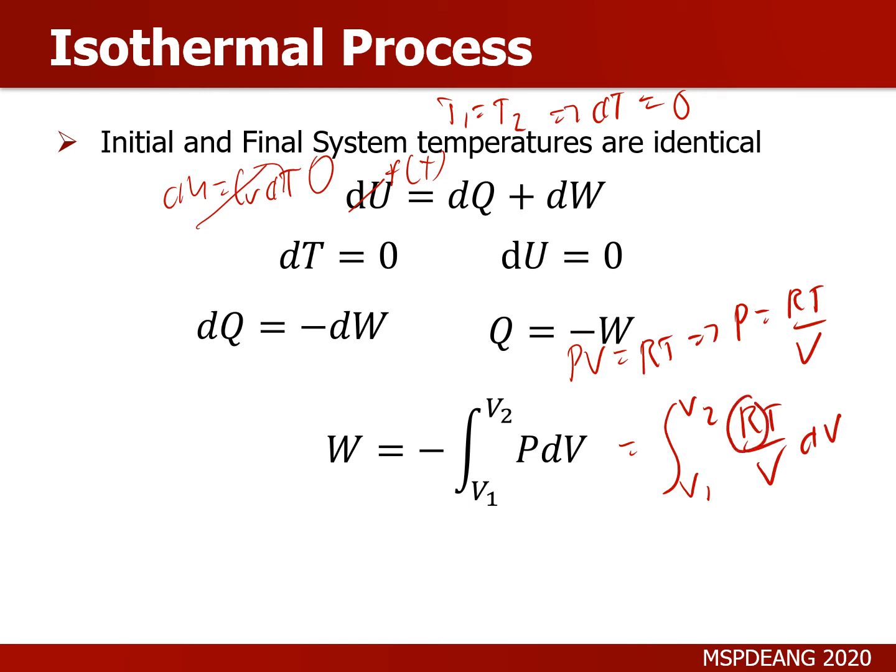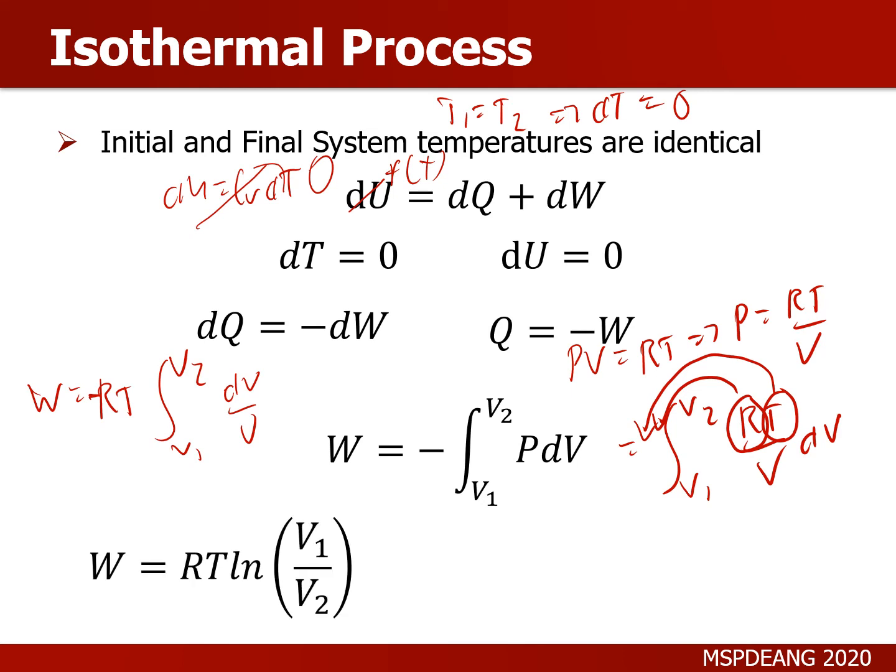However, R, gas constant, lalabas natin. Temperature for an isothermal process is also constant. So pwede rin siyang ilabas. And we will now get W is equal to RT integral of dV over V from V1 to V2. Don't forget the negative sign.